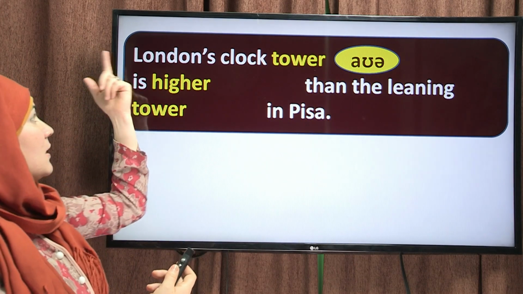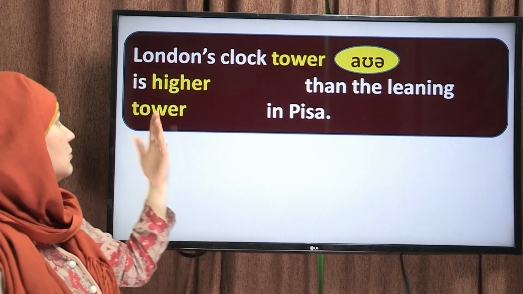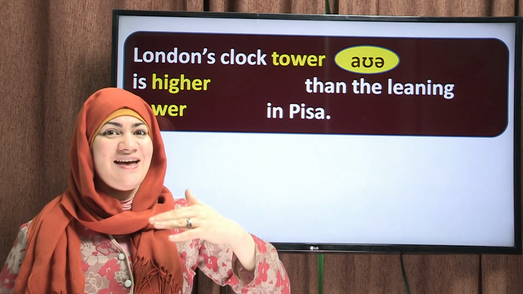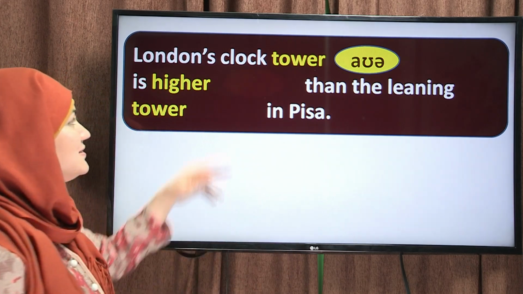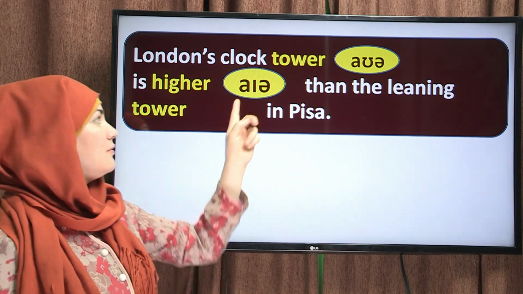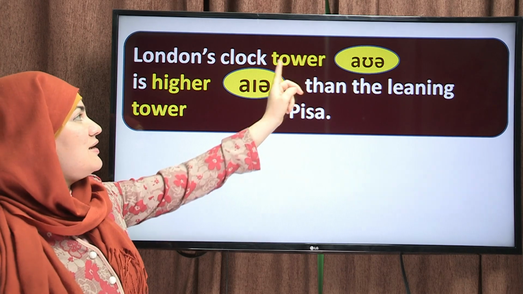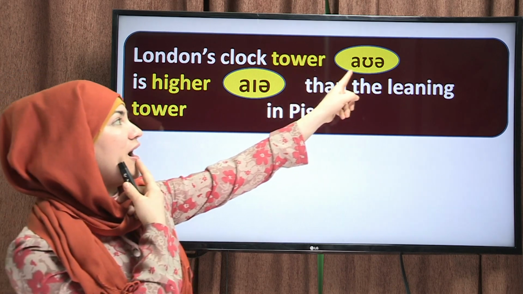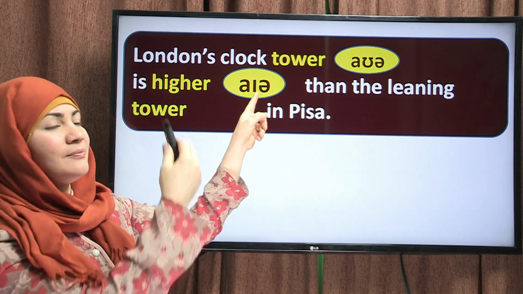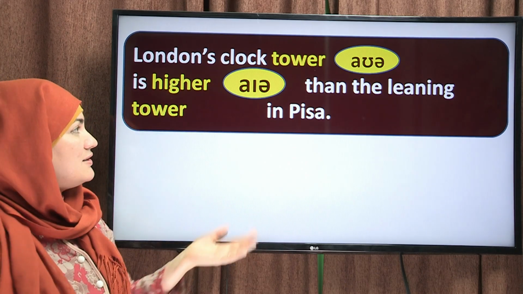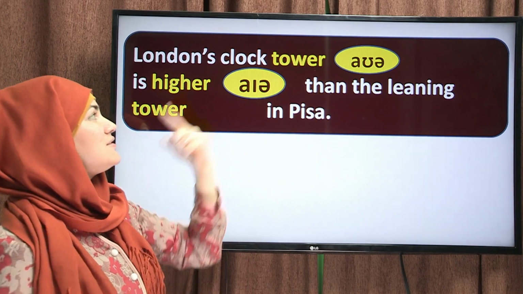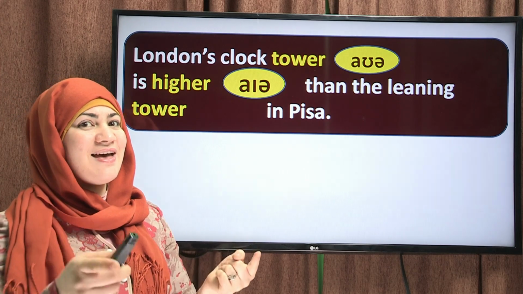Tower. London's clock tower is higher. Higher. Yes, excellent. The triphthong in higher. Look here. Tower, our, higher. Is higher than the Leaning Tower. Tower. Yes, very good.